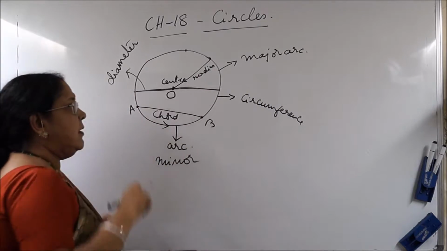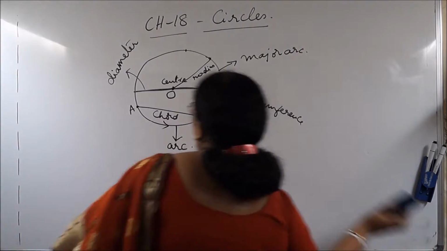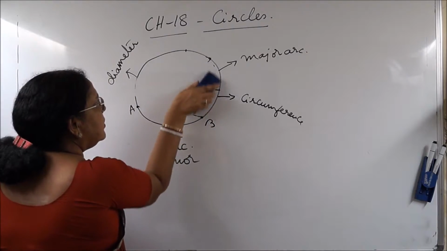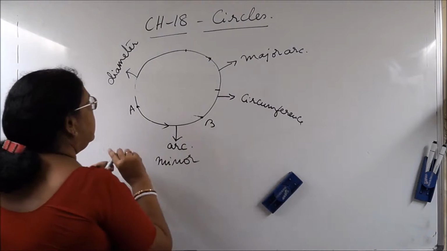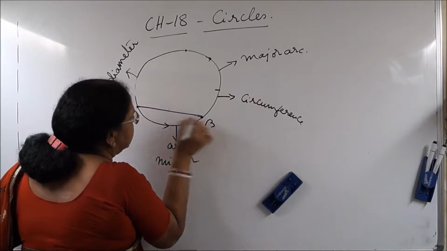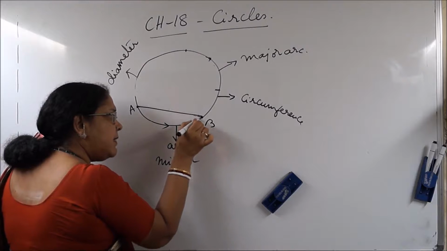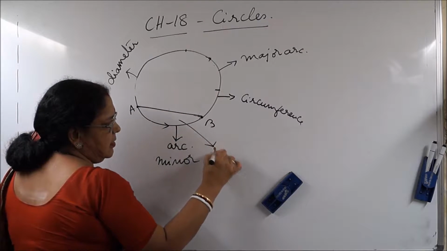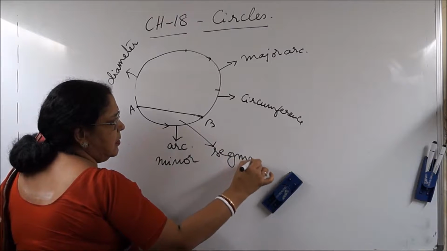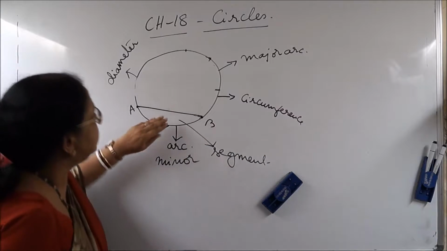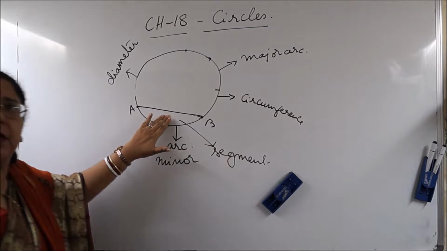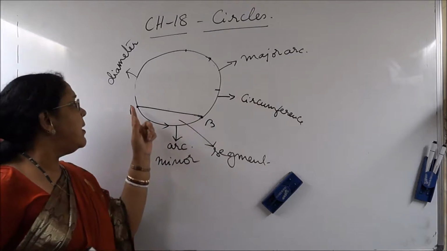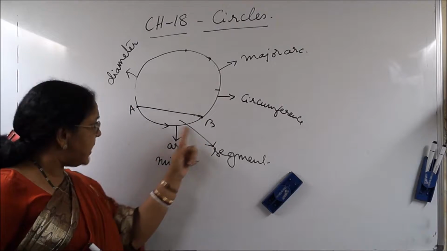Now the area bounded between an arc and a chord is called a segment. So the area between the chord and the circumference, and an arc.